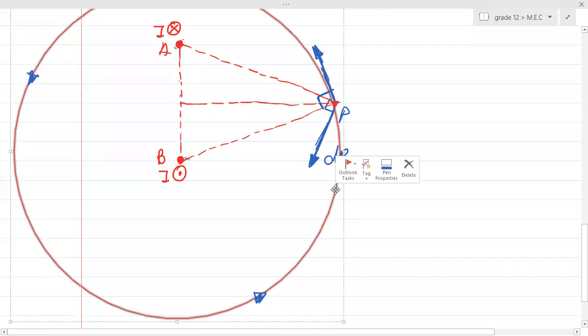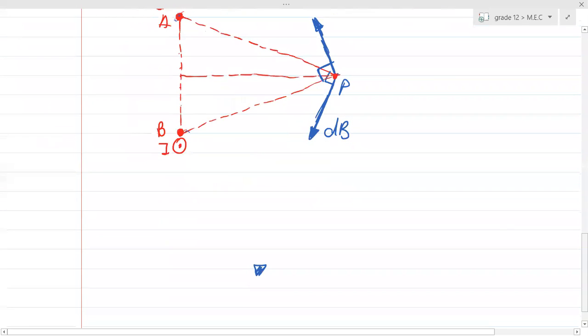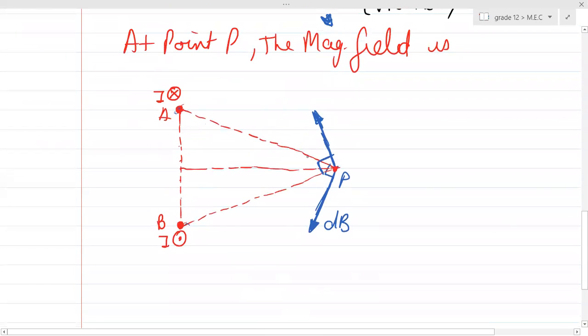Shall I just delete this circle now? Did you understand this particular direction? Please see this particular thing. If you assume this angle as alpha, then this automatically becomes alpha because it's the same thing.